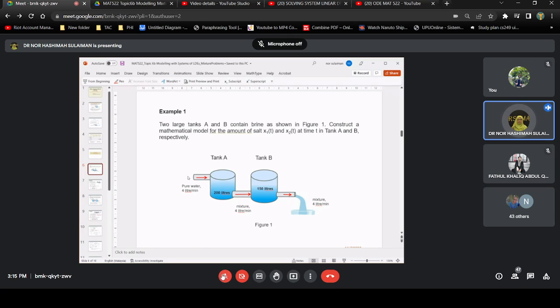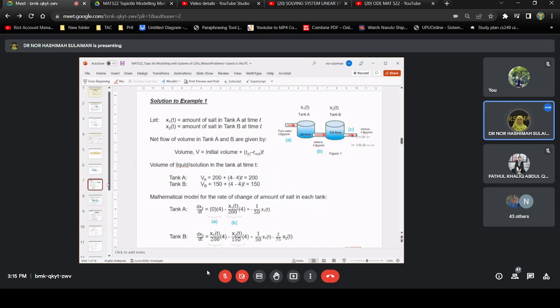Tak ada kan, sebab rate dia masuk ni consistent je, constantly flowing from tank A to tank B at the same rate. Okay, there's no changes in the amount of liquid or solution in any of the tank. Alright, okay. So this is the figure ni.